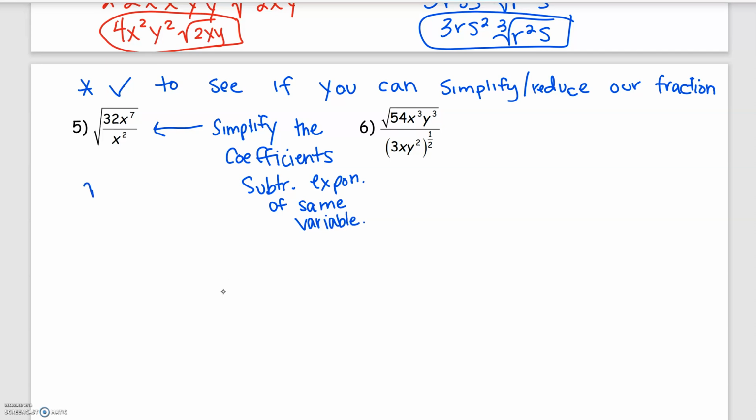All right, so square root of 32x to the 5th when we subtract, and then we do what we just did on the previous examples.